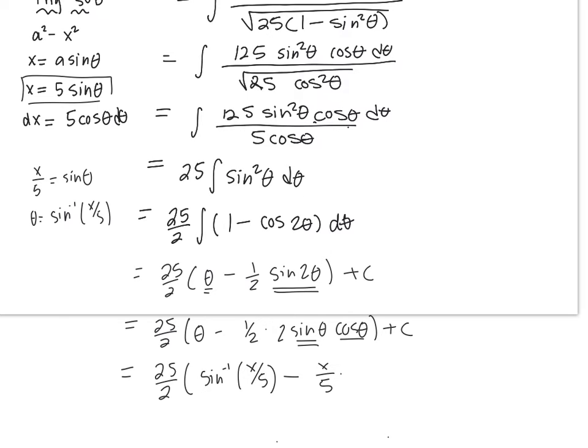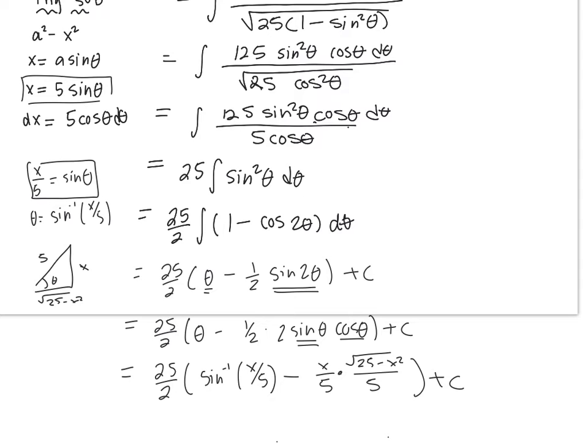To figure out what cosine of theta is, you use right triangle trigonometry. If sine of theta is x over 5, I have a triangle, there's my theta. Sine is the opposite over hypotenuse, meaning the remaining side is root 25 minus x squared because of the Pythagorean theorem. And now the cosine there is root 25 minus x squared over 5.